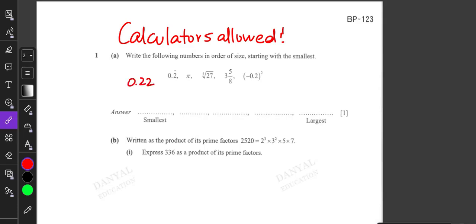Pi, you should know the value of pi, 3.14. Cube root 27, you are allowed to use calculator for this one.